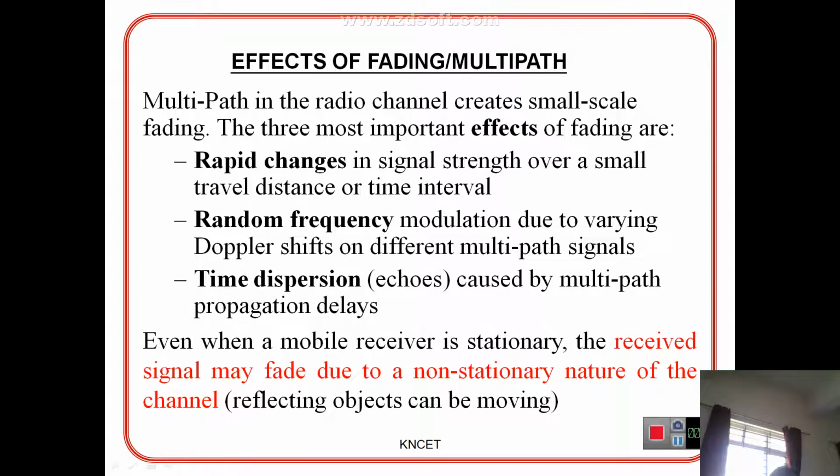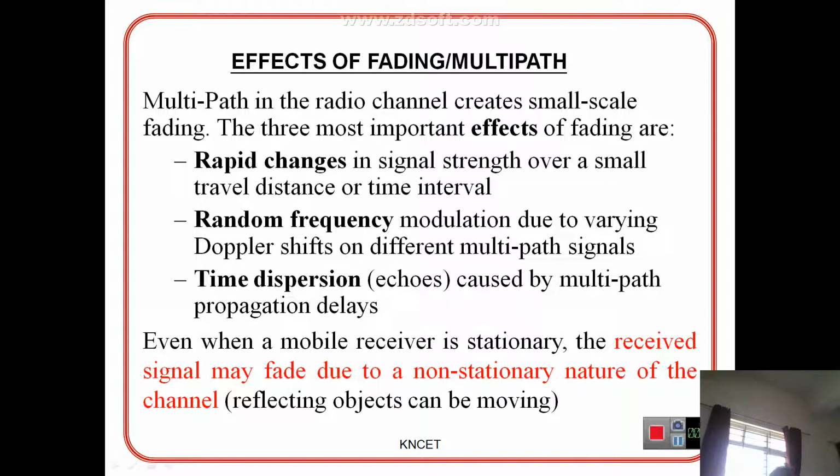Next, the effects of fading or multipath. The multipath radio channel creates small scale fading. The three most important effects of fading are rapid changes, random frequency modulation and time dispersion. Rapid changes are the rapid changes in signal strength over a small travel distance or time interval.